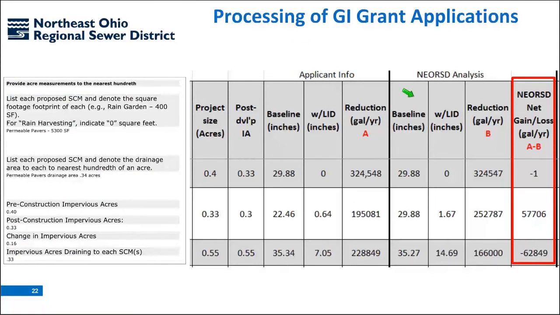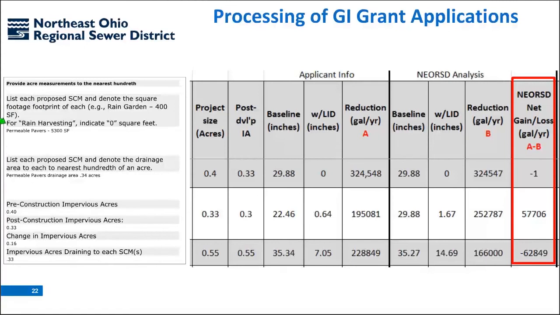And in the end, this slide kind of shows you, on the left here, a screenshot from one of the actual applications we have. Our goal is to double check their numbers when they provide us their annual average runoff in gallons saved per year.